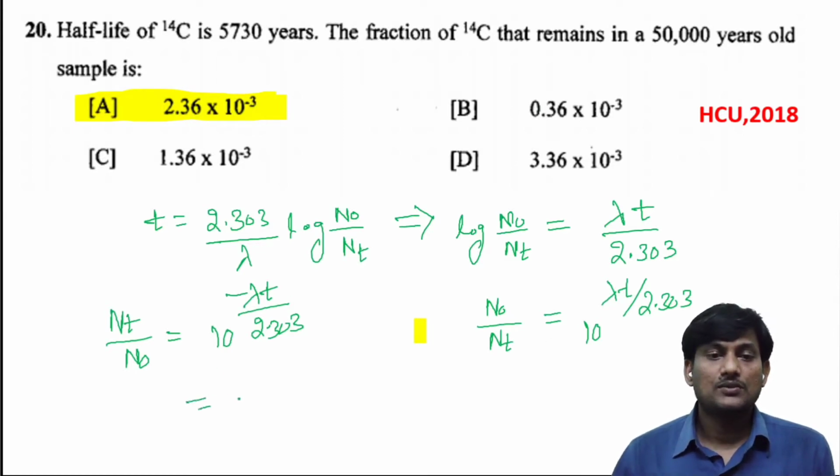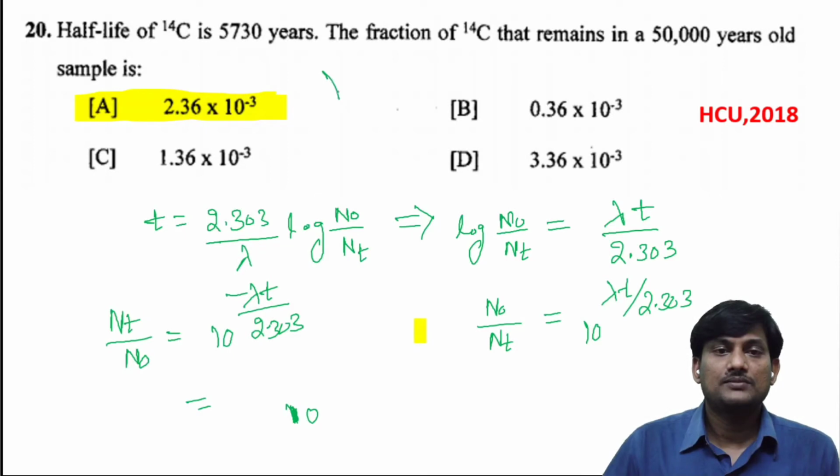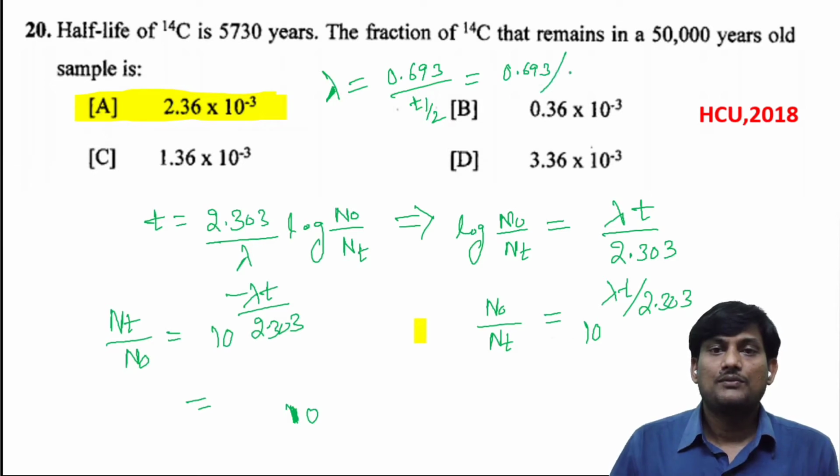So here we have to substitute a lambda value. Half-life time is given, so we can calculate lambda from the half-life time, 0.693 by T half. So lambda will be equal to 0.693 by 5730.